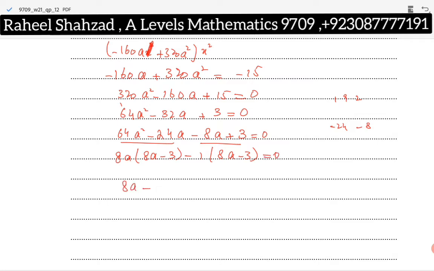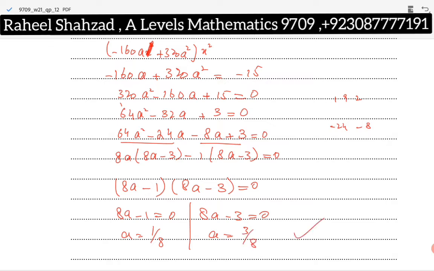So it is simply (8a minus 1)(8a minus 3) is equal to 0. So 8a minus 1 equals 0 and 8a minus 3 equals 0. So a equals 1 by 8 and a equals 3 by 8. These are two possible values of a in this question.